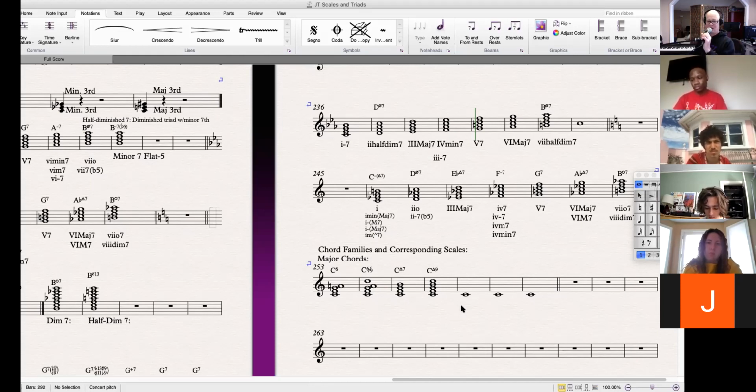So here's the major 7. This is diatonic now. So far, we're all diatonic. C major 7, C major 9. So we just start to add more color and richness to the chords as we move.